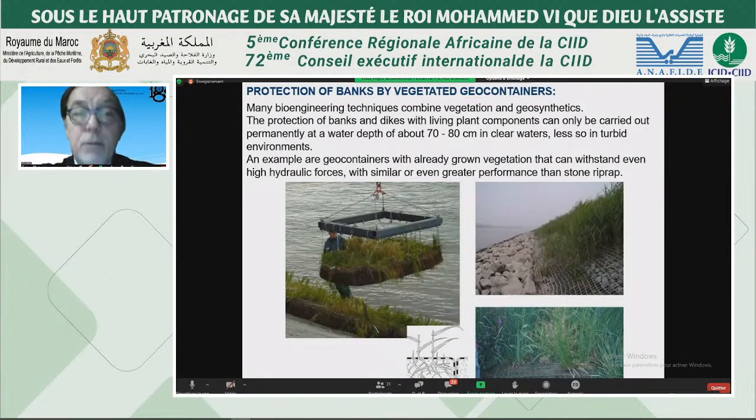Il y a aussi des techniques de bioengineering combinant la végétation et la géosynthétique, pour la protection des dikes et des accotements des rivières avec des composés vivants, qui peut être faite de manière permanente à une profondeur de 60 à 180 cm.